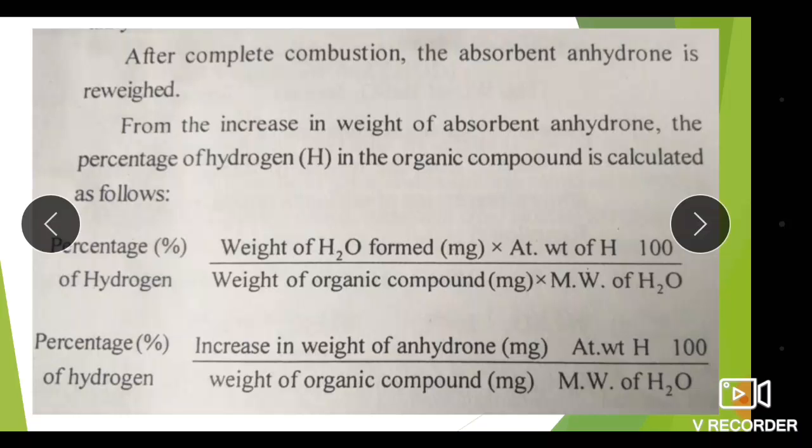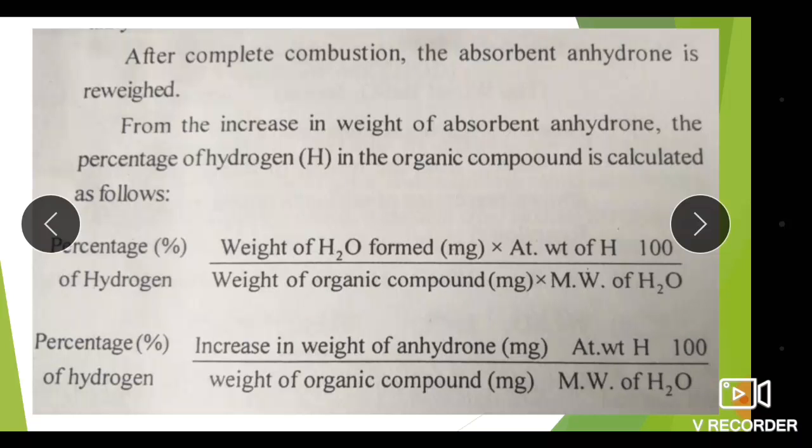We can get the amount of hydrogen present in the given organic compound. So in this way we can estimate the amount of hydrogen and the amount of carbon present in the given organic compound.